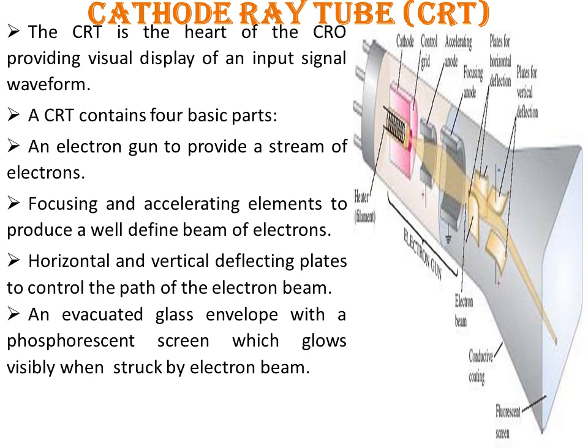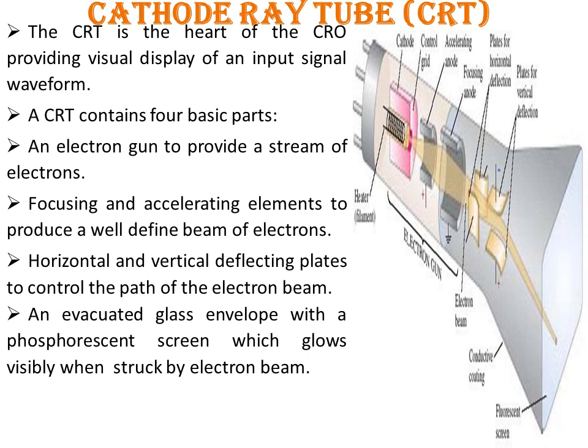The major subsystem in a CRO operation is cathode ray tube, CRT. The CRT is the heart of the CRO in providing the visual display of an input signal waveform.